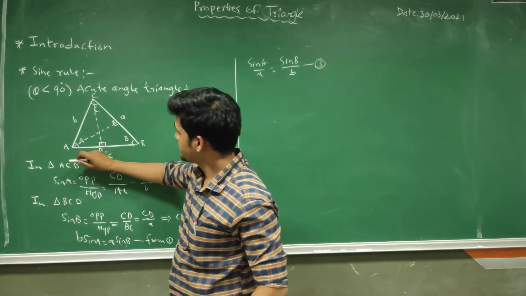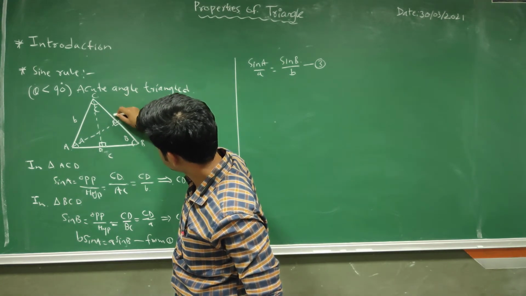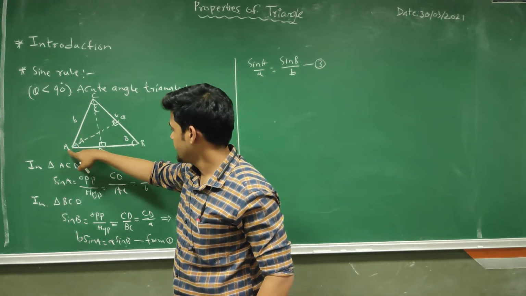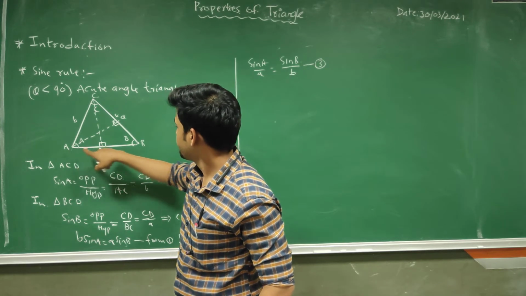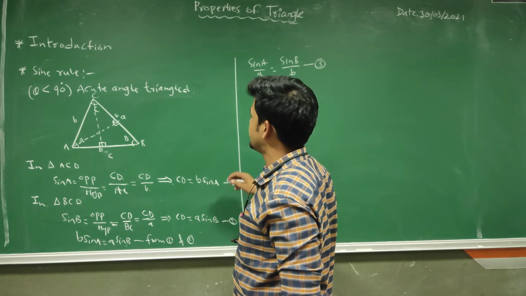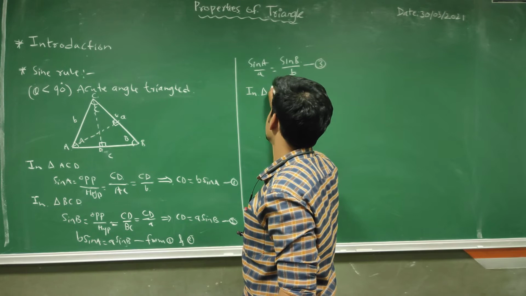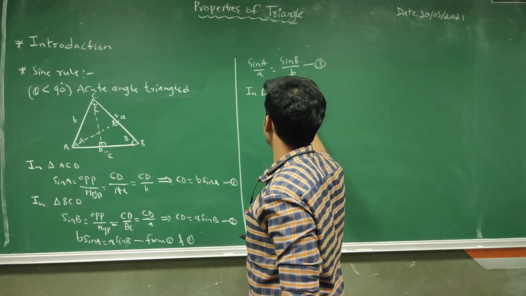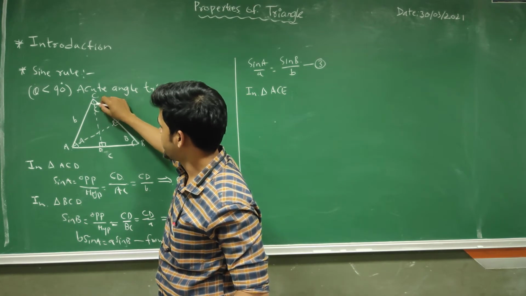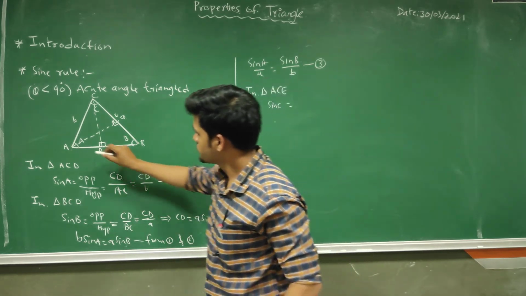We have 2 right angle triangles here. That is AC, and that point, suppose this is point E. So ACE, we have 1 right angle triangle, and the second right angle triangle is ABE. So just look at the triangle ACE. So in triangle ACE, if I am applying sine here, sin C, I will get sin C is equal to opposite by hypotenuse.